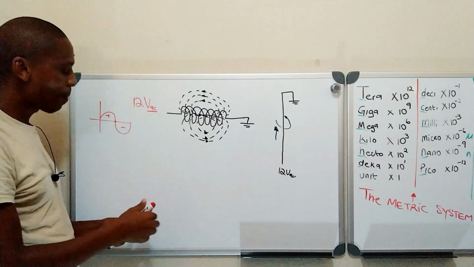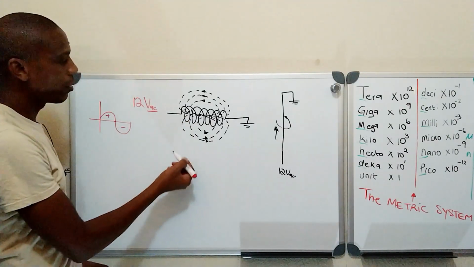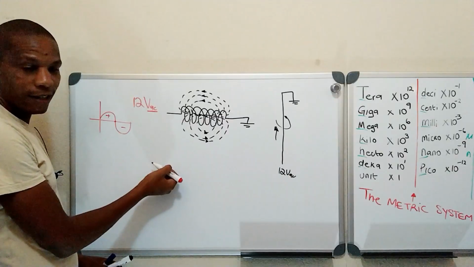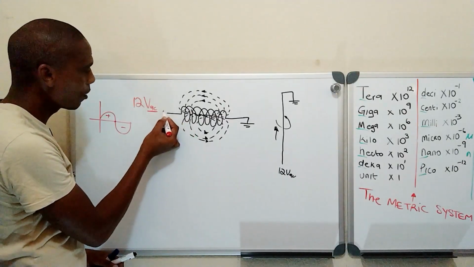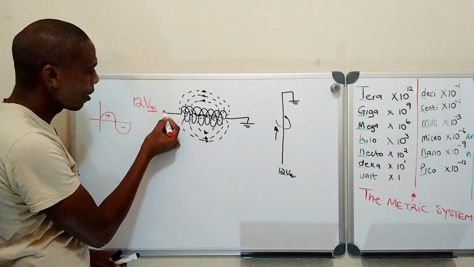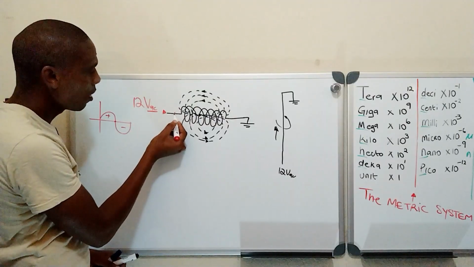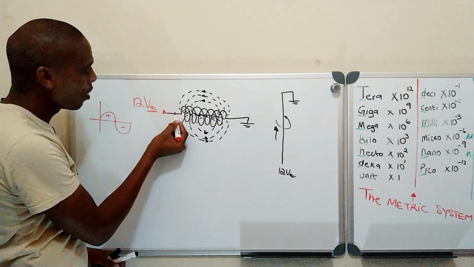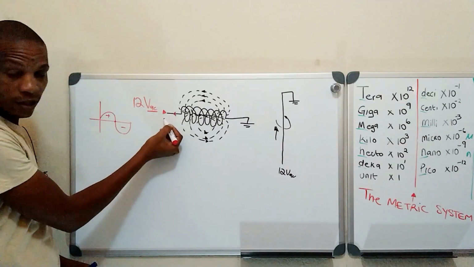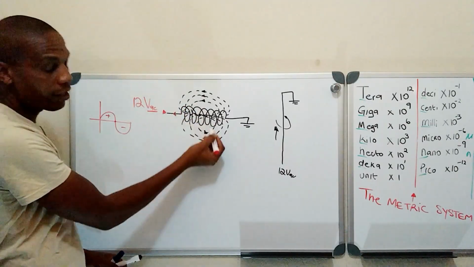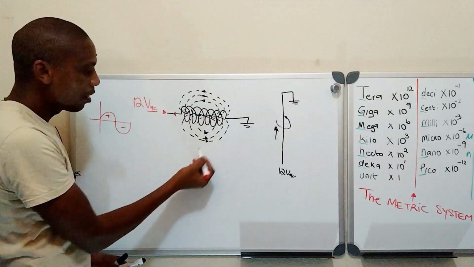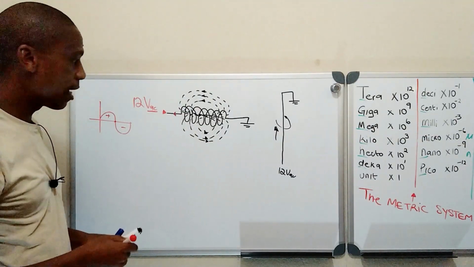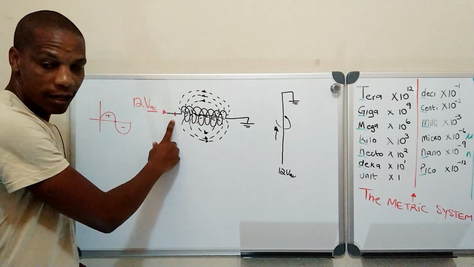As it collapses and expands, it induces its own current back into this coil. Let's assume the current flows in this direction. The current induced by the magnetic field will oppose the very same current that generated the magnetic field. So basically the inductor doesn't like a change in current.